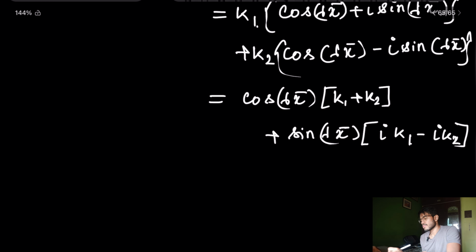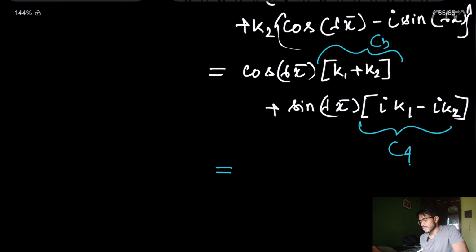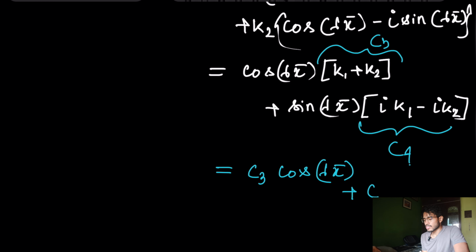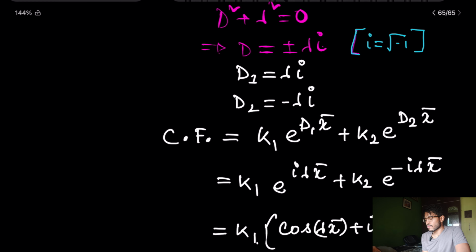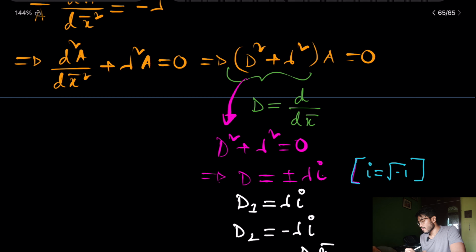Now I will term this as some C2, but C2 I have already used, so I will term this as C3, and this I will call C4. So I am getting C3 cos λx̄ plus C4 sin λx̄. You saw what happened: if I have this kind of equation, we get the solution.